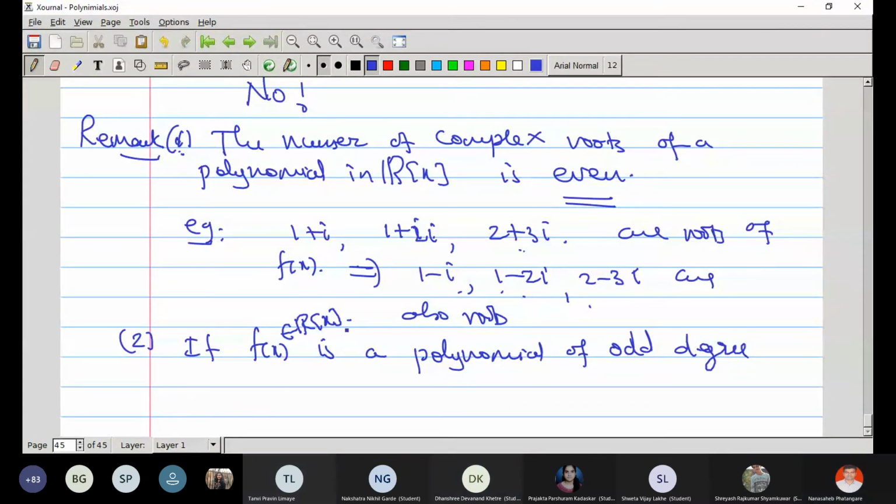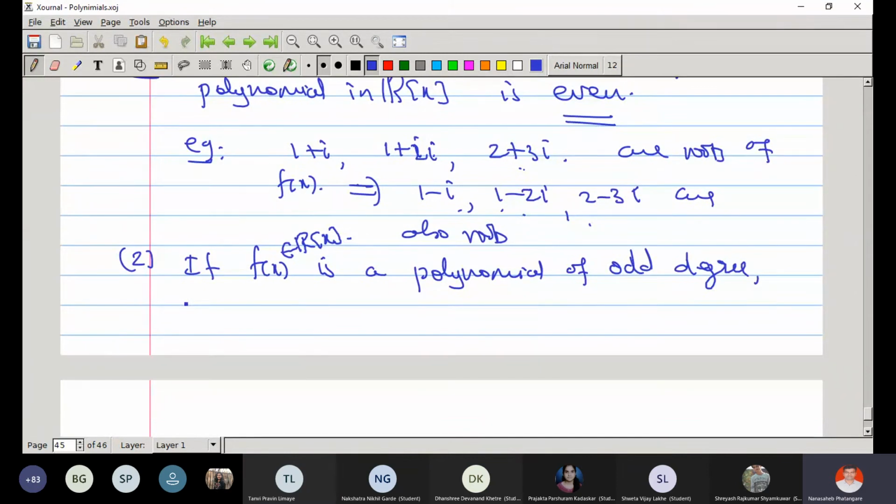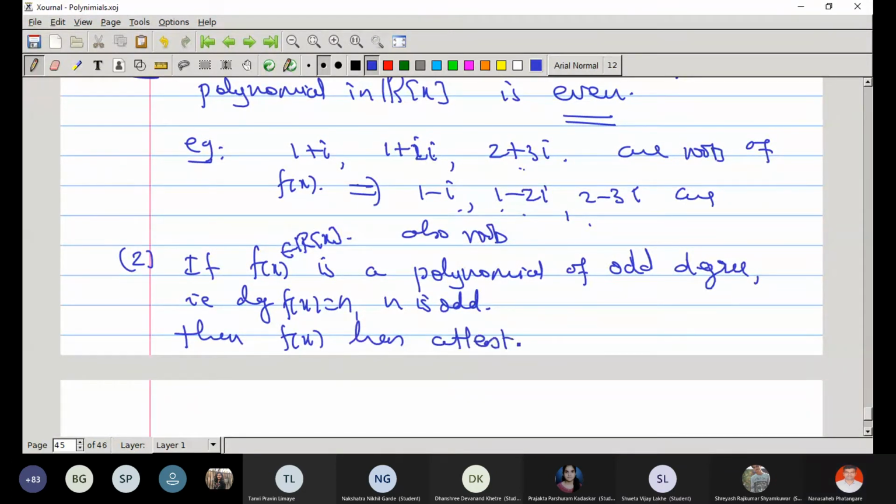No. If all roots are complex, then the number of roots is even, but the degree of f(x) is n and n is odd. If it is an odd degree polynomial, then it is not possible that all roots are complex. That means f(x) has at least one real root, at least one root that is a non-complex real number.